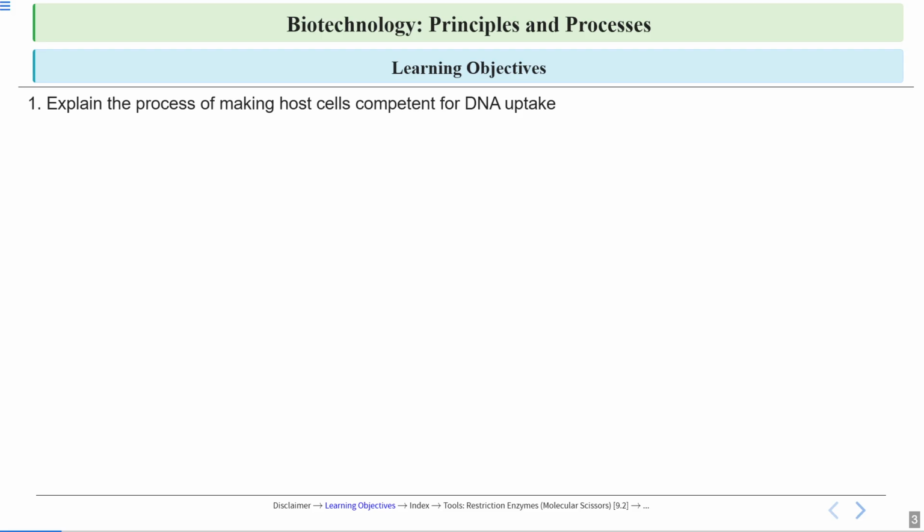detail in the last class. The second was the cloning vector. What was the cloning vector? It helped the foreign DNA to get inside the host and to replicate and make multiple identical copies. So now we have studied two tools that we use in genetic engineering, but now it's time for the third and most important tool, that is the host cell.